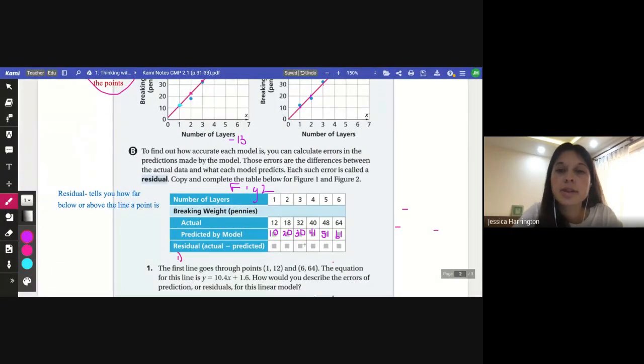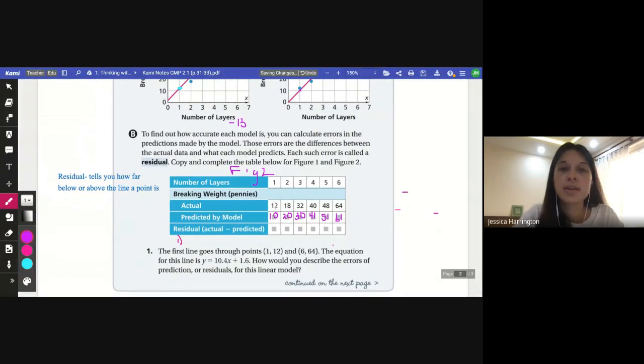All right, so now let's find the difference. 12 minus 10 is 2. 18 minus 20, that's a -2. 32 minus 30, that's 2. 40 minus 41 is 1. 48 minus 51 is -3. Again, I'm not explaining these, but you can use a calculator to check. And 64 minus 61 is 3.